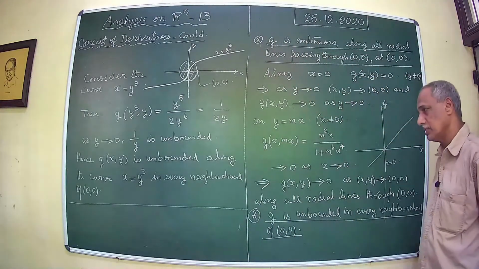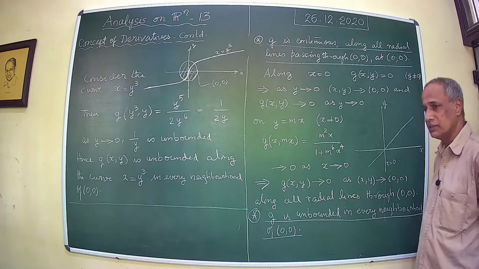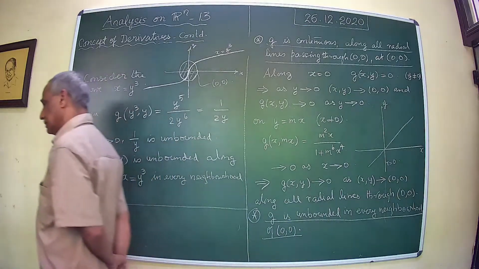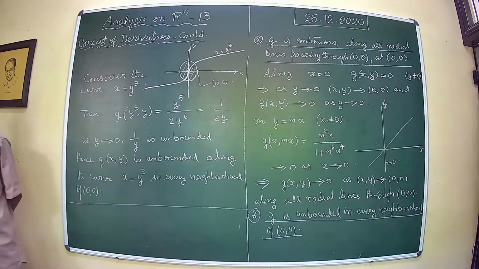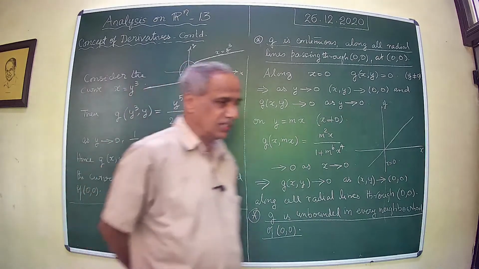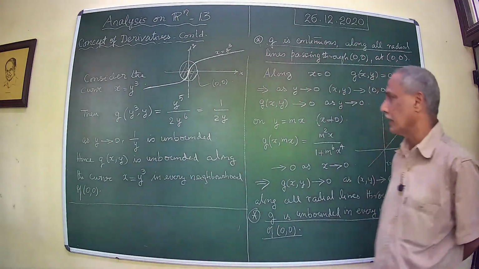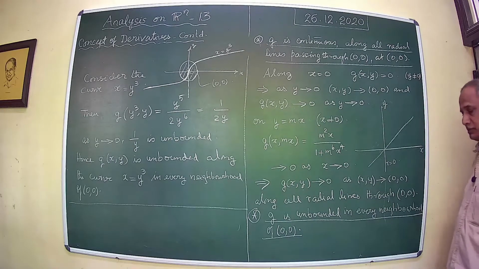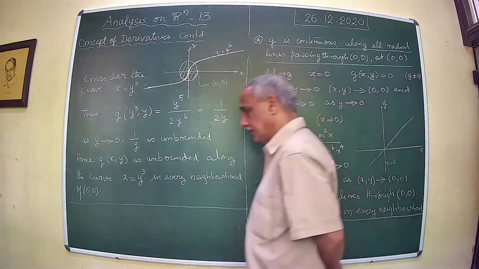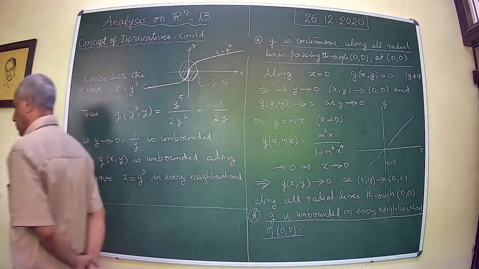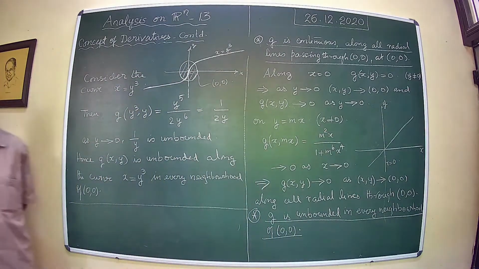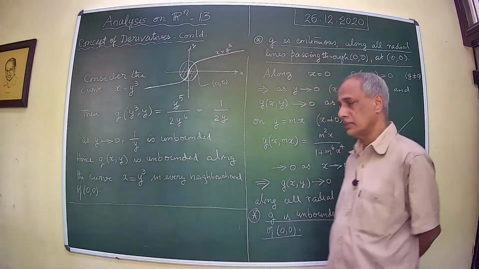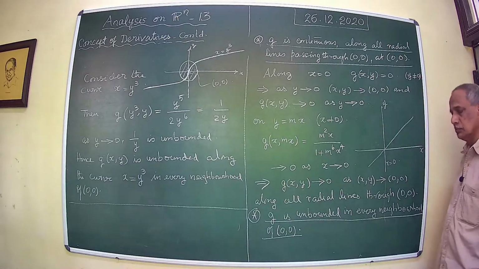One needs a very thorough investigation of the properties of the function at possible points where you expect some problems. Here, because these are ratios of two polynomials in x and y, and the denominator is not vanishing, at all other points there is no difficulty at all. The function is continuous, smooth, and everything.